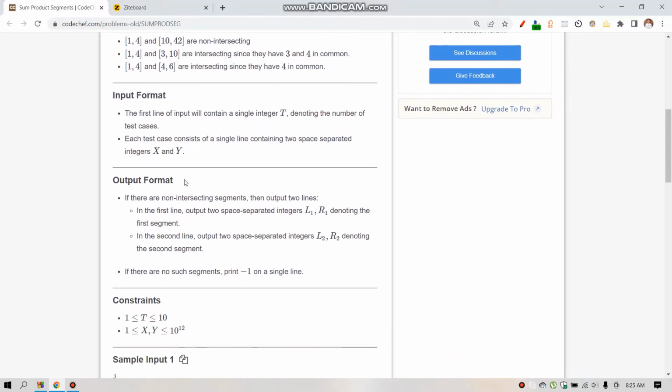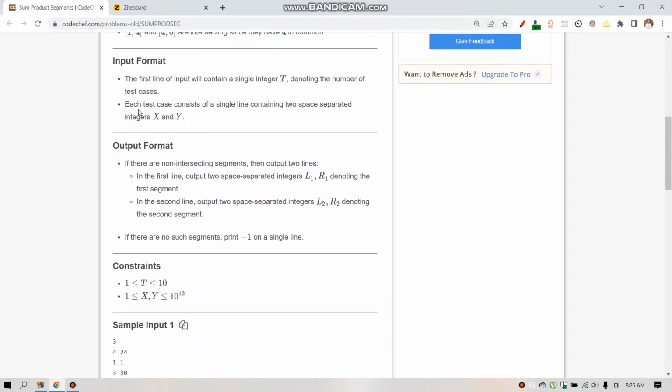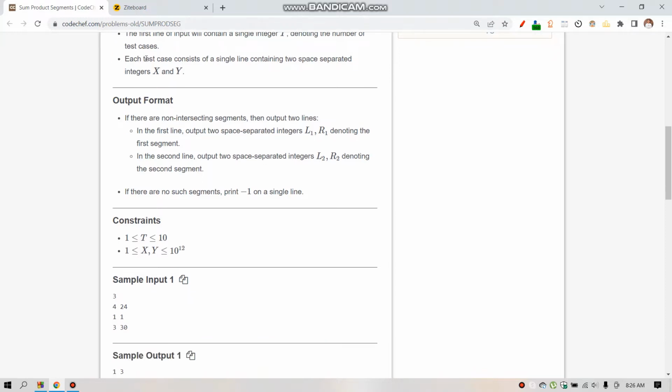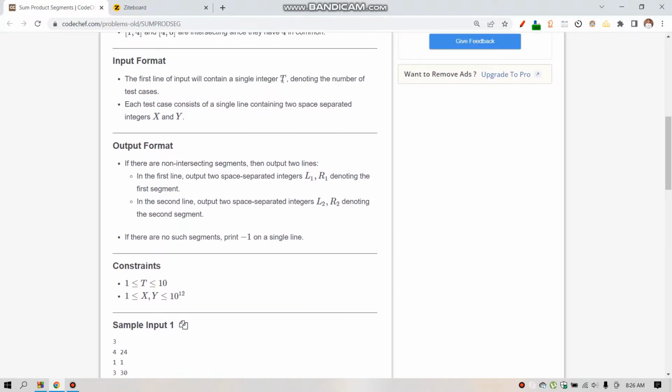So let us talk about the input format. The first line of the input will contain T, denoting the number of test cases.